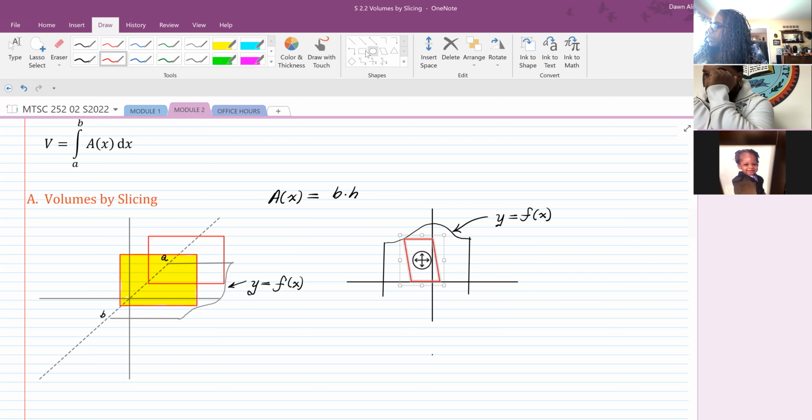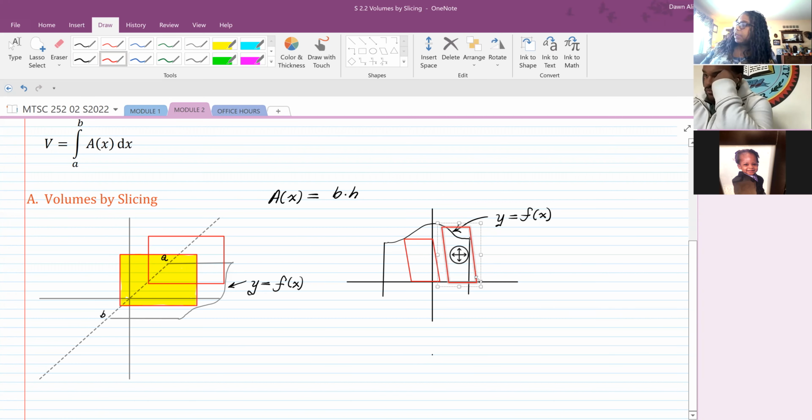And then there's another rectangle. This one might be bigger. So these rectangles are standing up in the air. These are the same area rectangles right here. So where's the base of the rectangle? Here's the base.